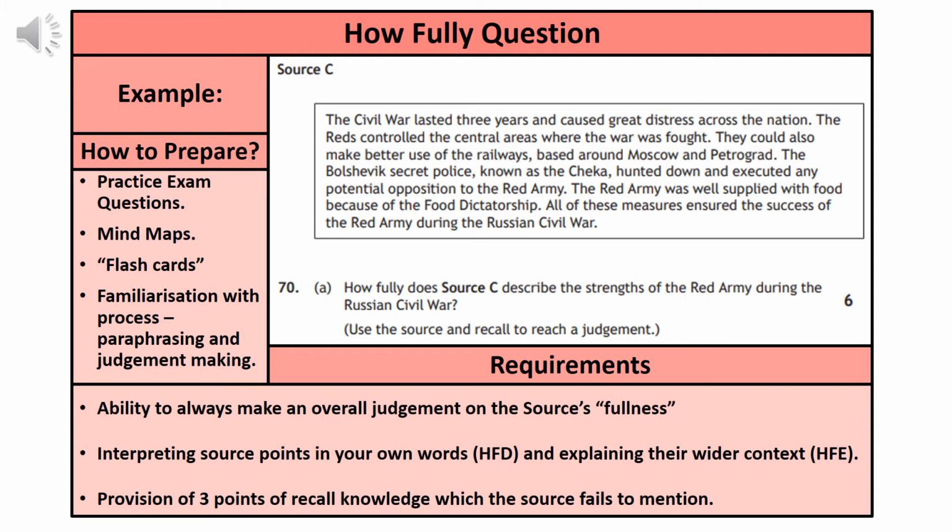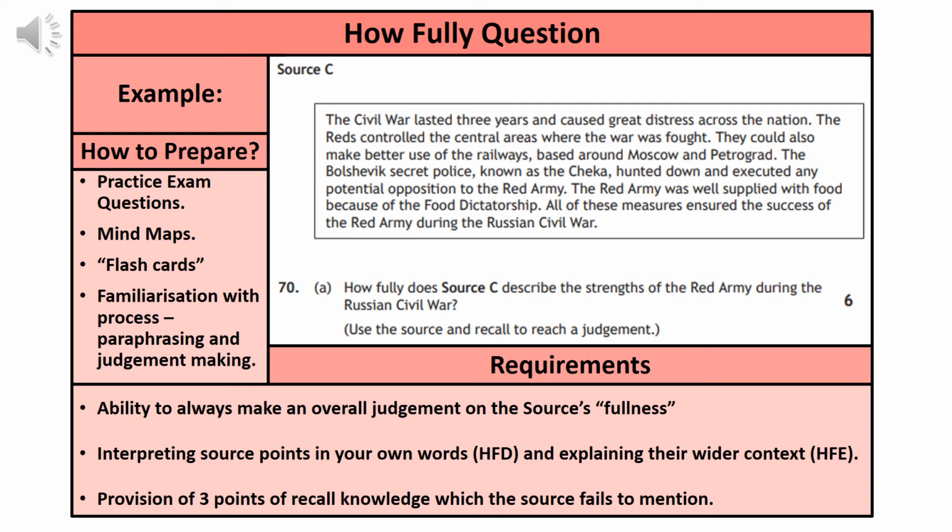And students also have to have the ability to make an overall judgment on the source's fullness. A National 5 source will always be quite full, so students get in the habit of doing that and familiarising themselves with the process required, the paraphrasing and judgment making required to gain full 6 marks.